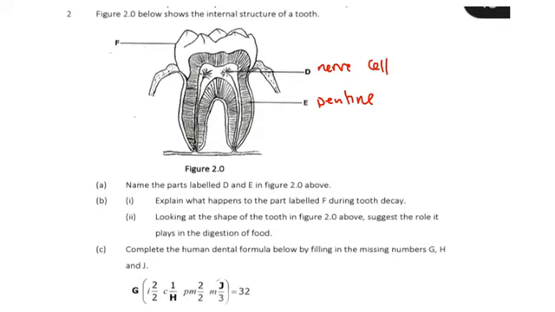Then explain what happened to the part F during tooth decay. The part labeled F is the enamel.